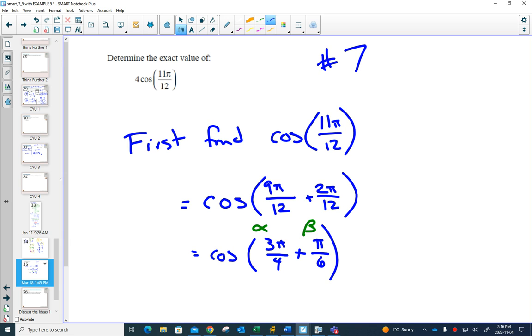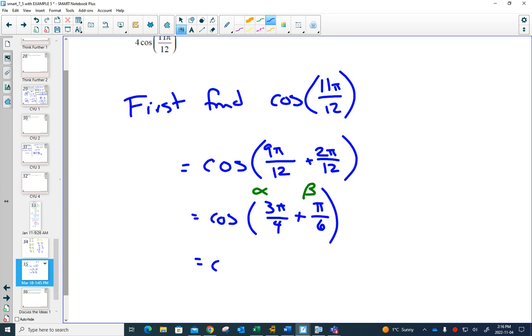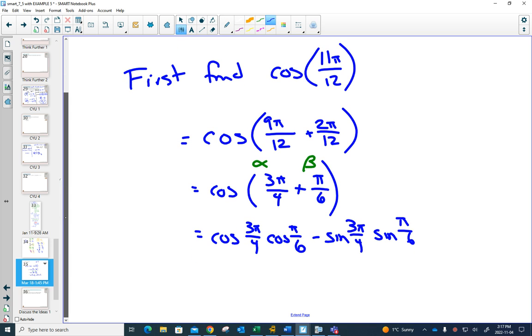What's the cos alpha plus beta formula? Cos alpha cos beta minus sine alpha sine beta. Equals, they're all on our pi plate.